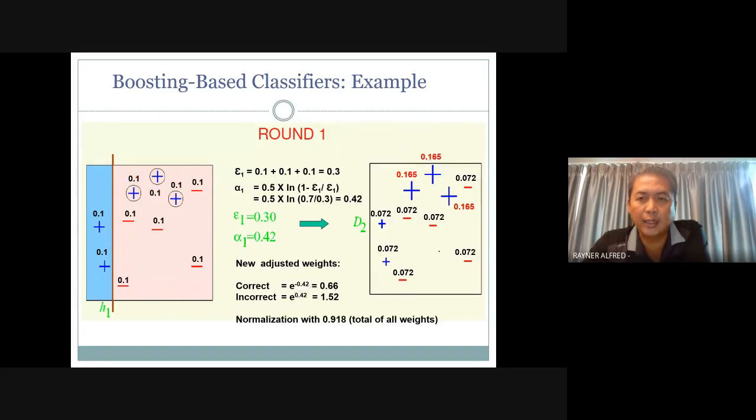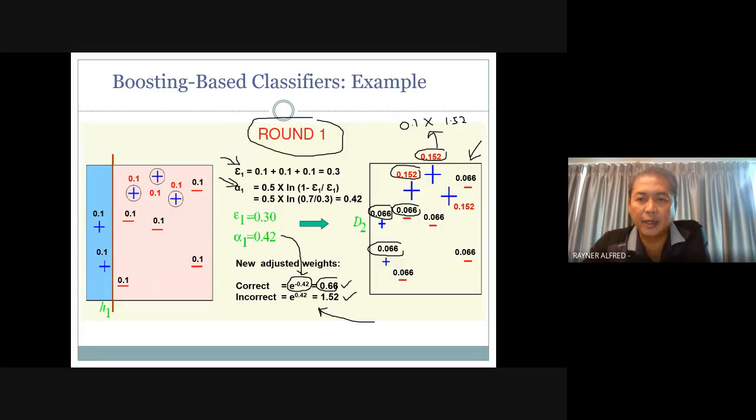So how do we normalize? We add up all these values and divide by that value.